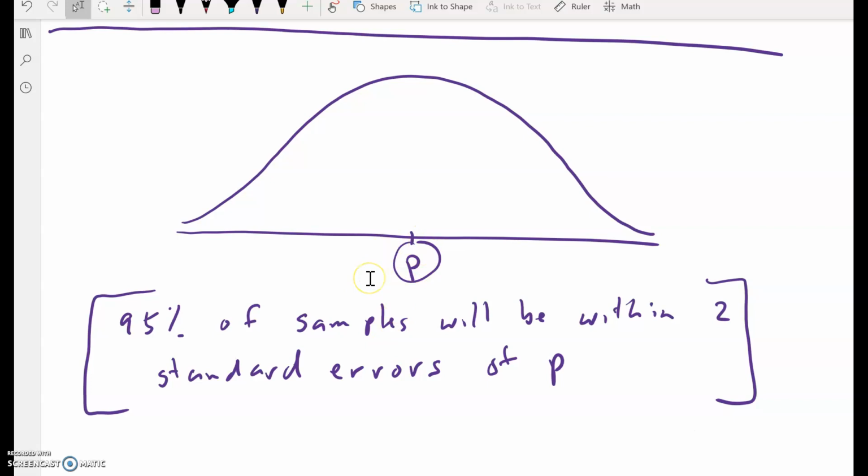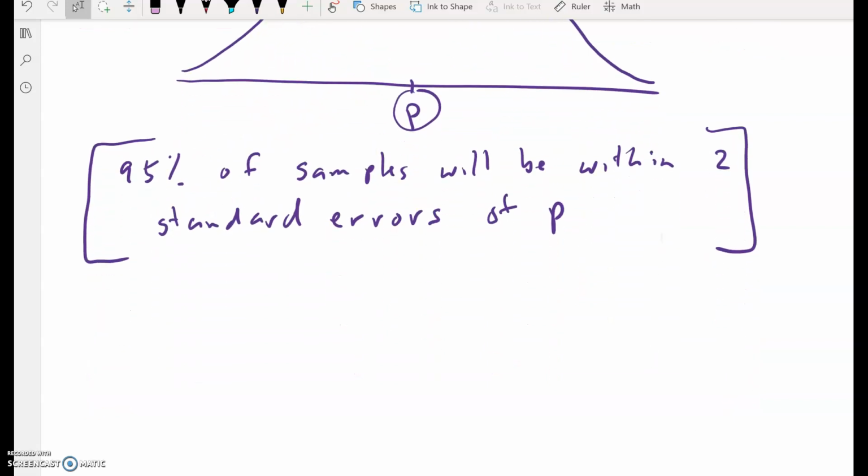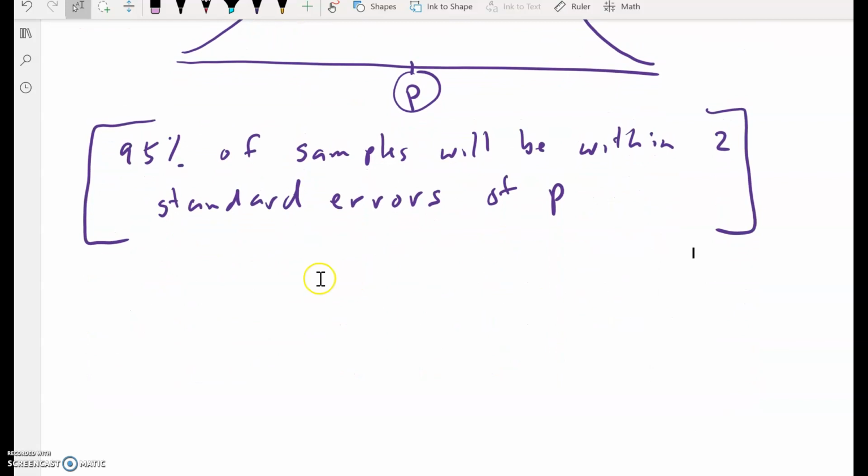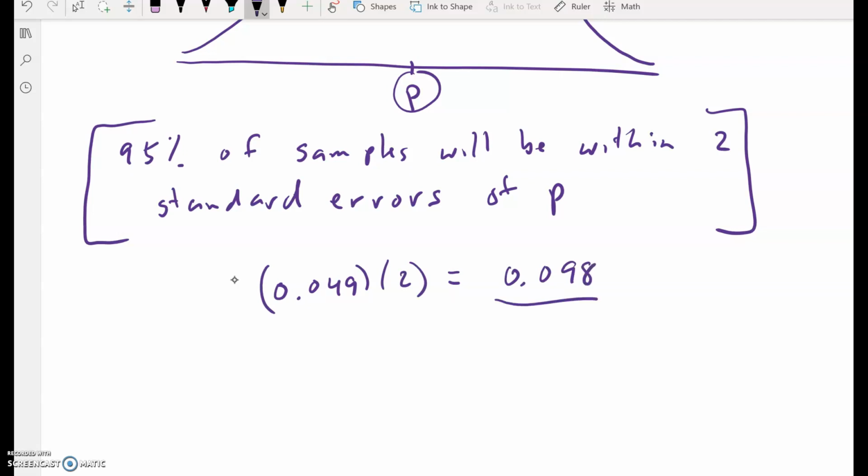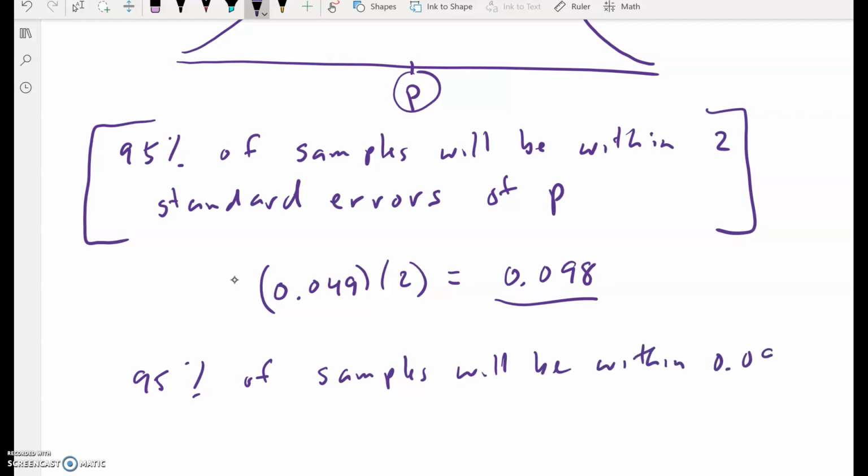All right, so that brings us to the idea of margin of error. Here's what you can do: take the 0.049, which we computed already, times 2 to get 2 standard errors, and you get 0.098. And so now you can say that 95% of samples will be within 2 standard errors, 0.098, of the real percentage.